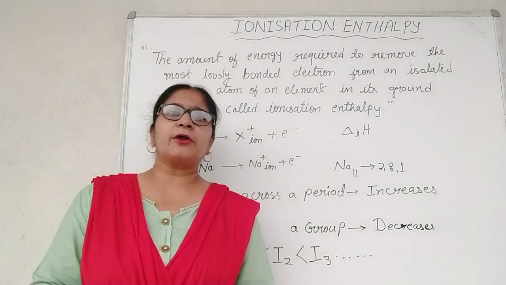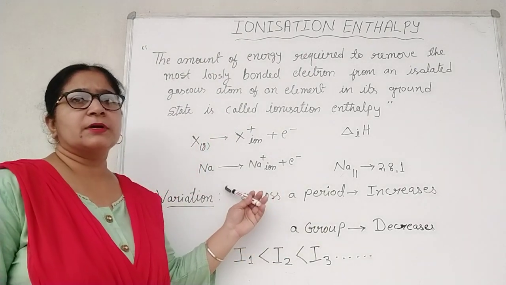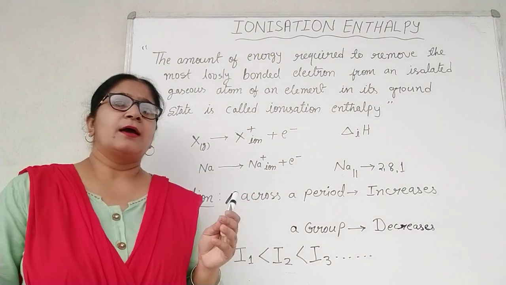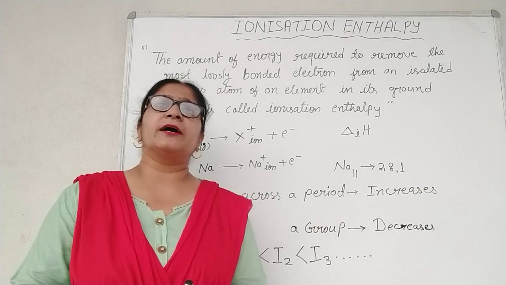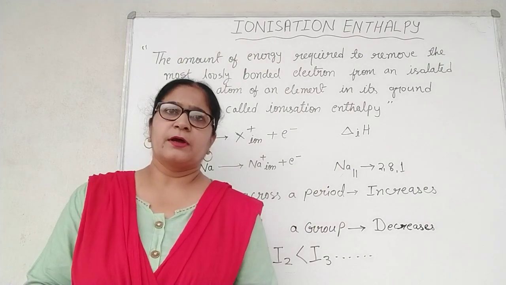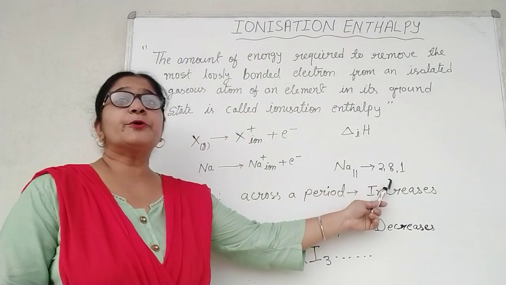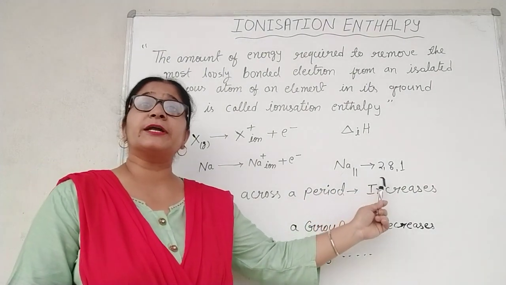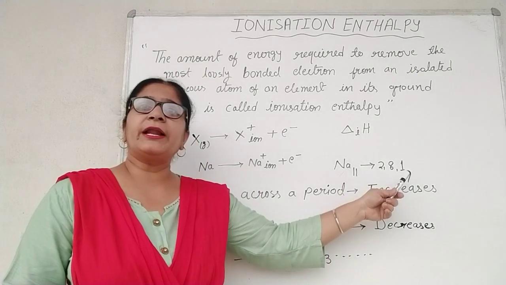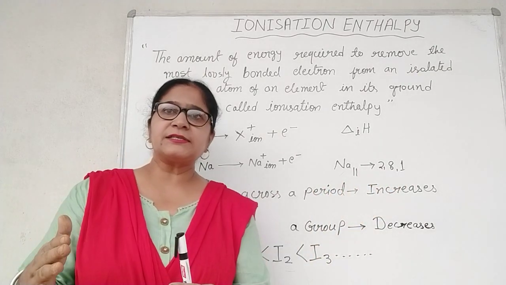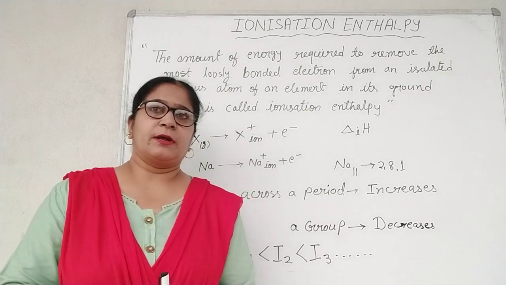The 11 electrons of sodium are arranged so that the first shell has 2 electrons, the second shell has 8 electrons, and the last shell has 1 electron.